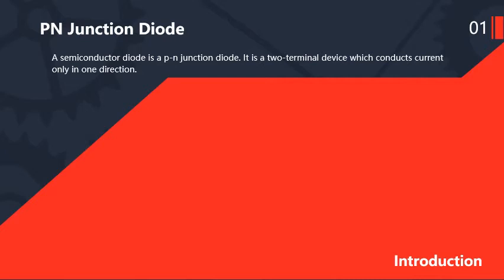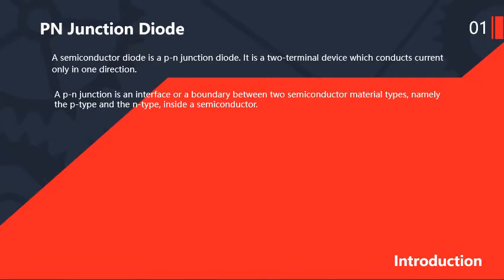It means when we join N-type and P-type semiconductor material, we can make a PN junction diode. A PN junction is an interface or the boundary between the two semiconductor material types, namely the P-type and N-type, inside a semiconductor.